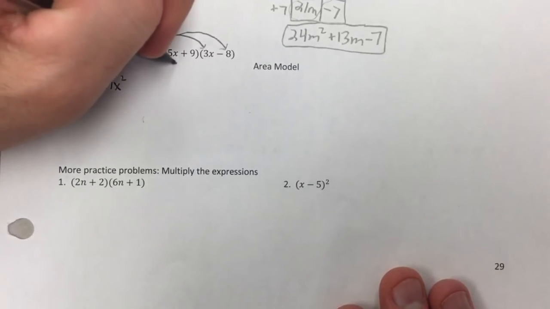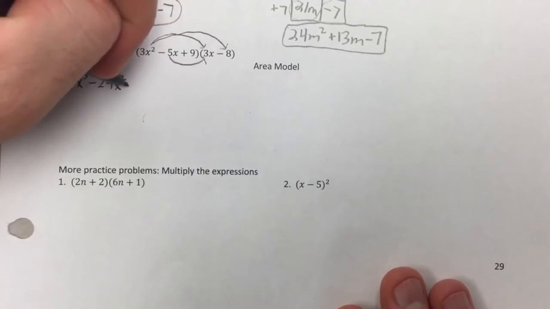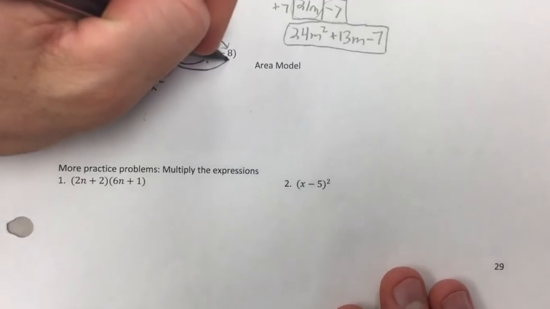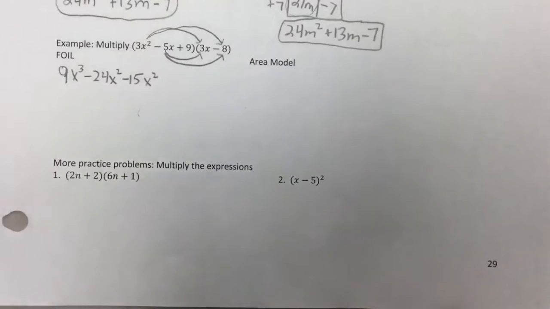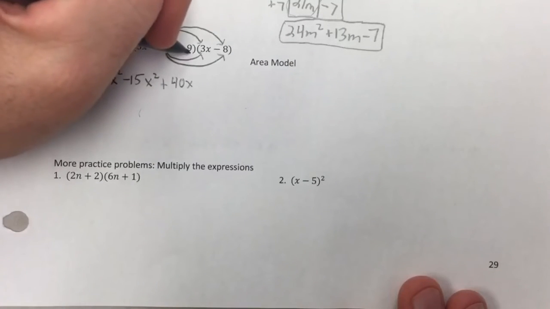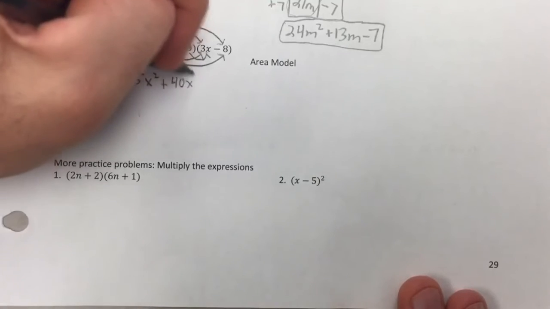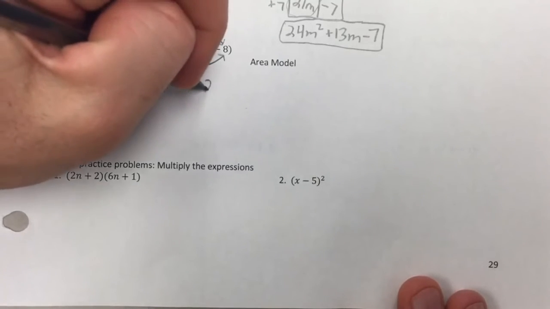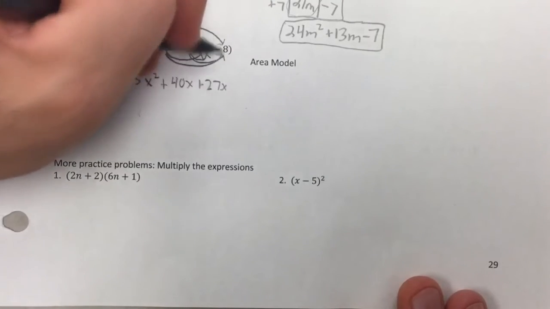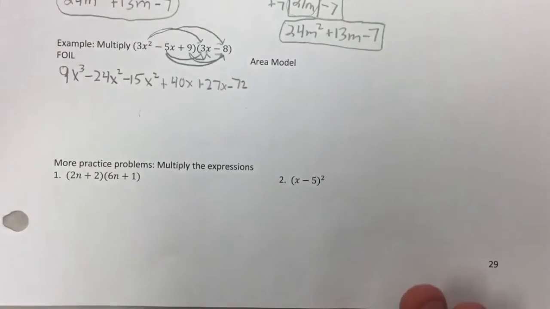Then I have to take -5x times both the terms. So -5 times 3x is -15x squared. -5 times -8 is positive 40x, and then I have to take the 9 times both the terms. 9 times 3x is 27x, and 9 times -8 is -72. And then I have to combine like terms.